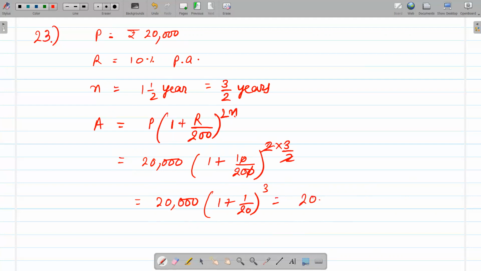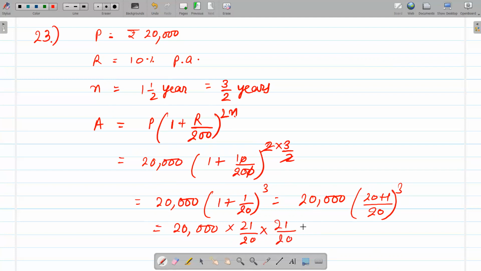That is 20,000 into (20 plus 1 upon 20) raised to power 3. कितना बन गया? 20,000 into 21 upon 20, 21 upon 20 and 21 upon 20. 2 ones are 2, 2 tens are 20, 2 ones are 2, 2 fives are 10. You are left with 9261 into 5 upon 2.